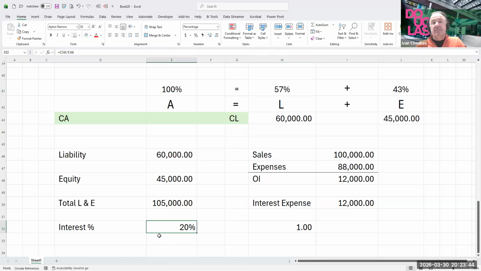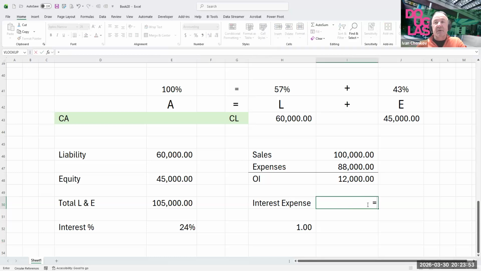So my interest expense, as you can see, went down to 20%. But let's pretend I'm paying 24% interest. So that means my interest expense that I have to pay to the bank will be 60 times 24. I have to pay the bank $40,400.